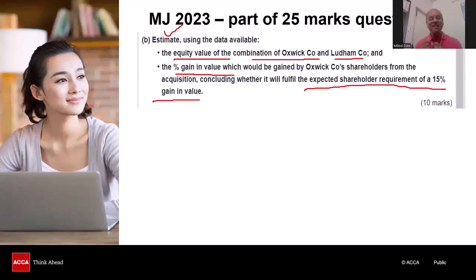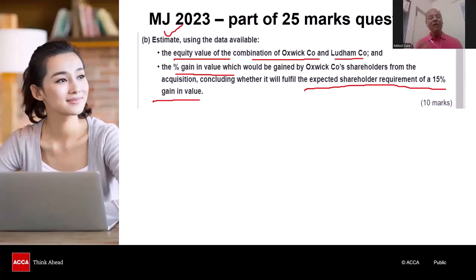But the second part is asking you how much that combined value created by merger or acquisition will help the bidding company shareholders, and what is the percentage gain that they would achieve. And it seems that they have in their mind a minimum expectation of 15% gain in the value.